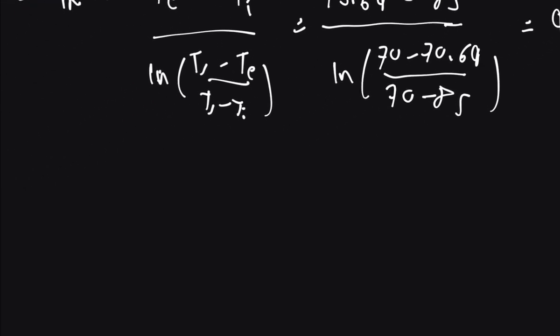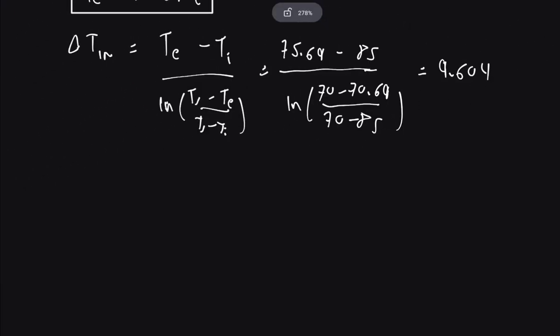So the average temperature difference is about 9.6, which kind of makes sense. This is about 10, and this is about 15, so it should be in that ballpark, and the temperature difference between 70 and 75 is 5. So between 5 and 15, 9.6 kind of makes sense.